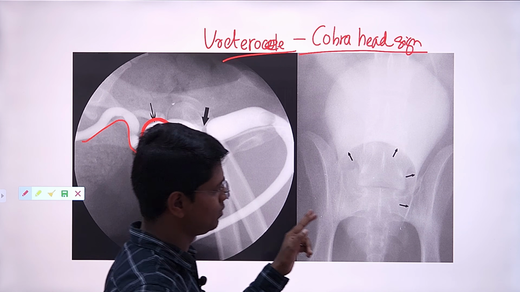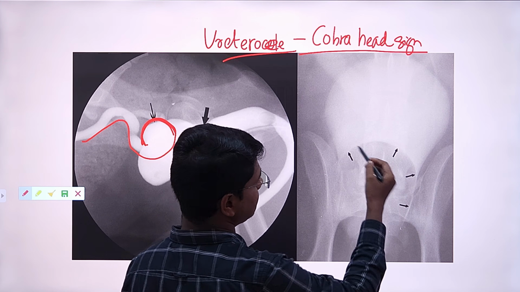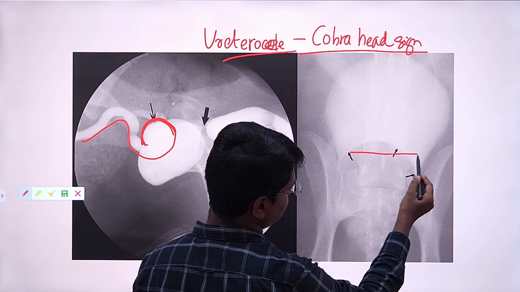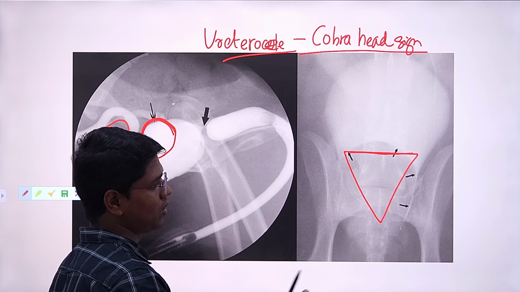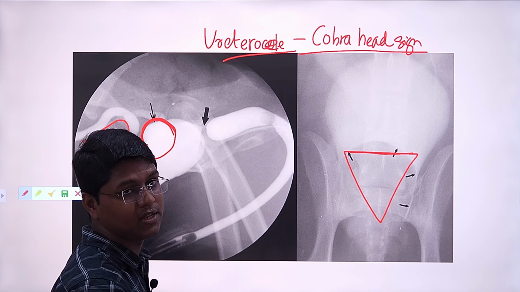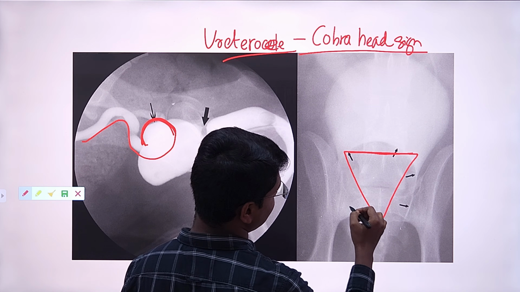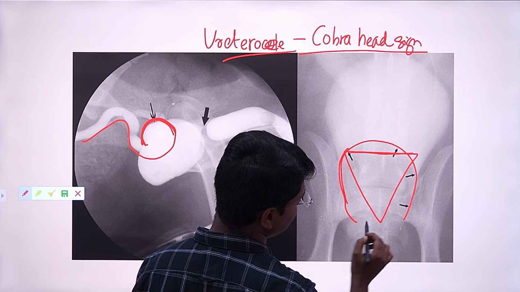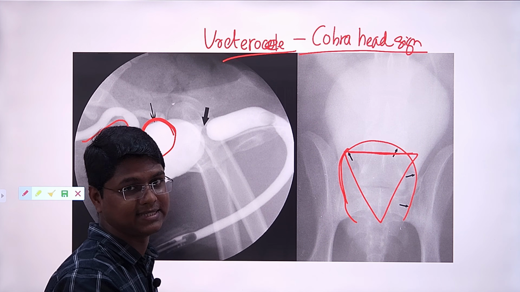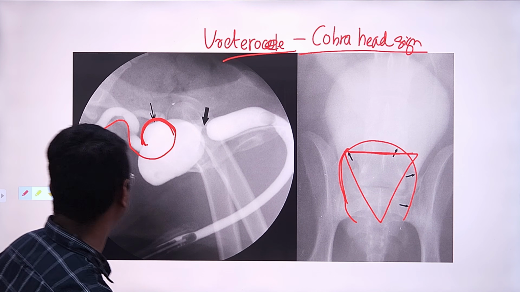But when we are doing the positive contrast radiography, see the characteristics. This is the trigone area. Usually you will find this ureterocele in the trigone area. In that area you see this part has not taken up any contrast. This is basically the ureterocele, so it looks like a cobra head. So, cobra head sign.